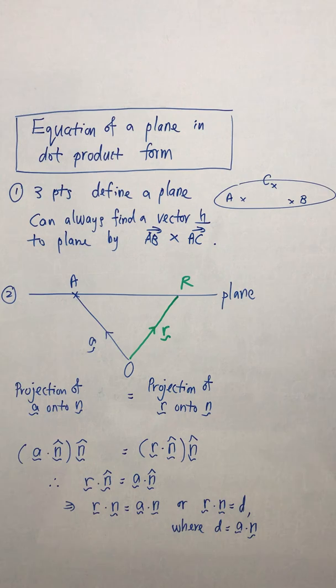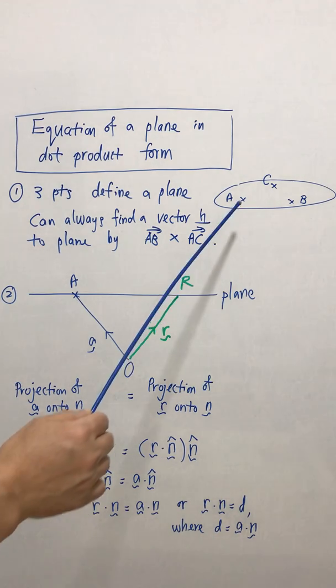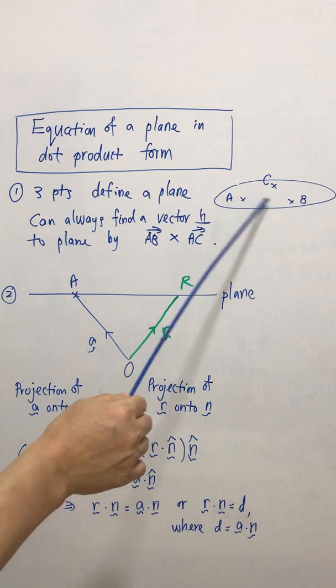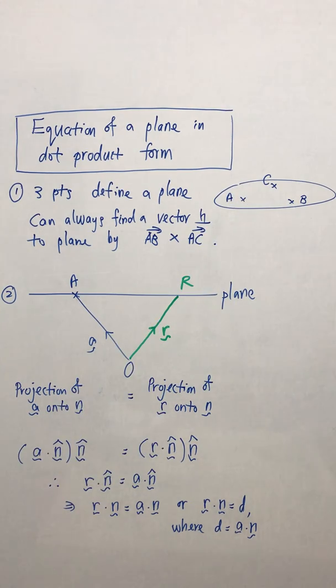Of course, you can have other ways of doing so, but for convenience, I'm just going to take AB cross AC to give me a vector that is perpendicular to the plane. I'm going to denote this vector perpendicular to the plane as the vector n.